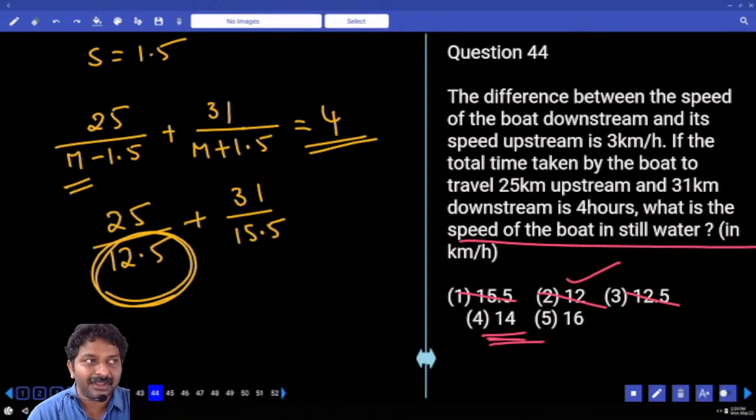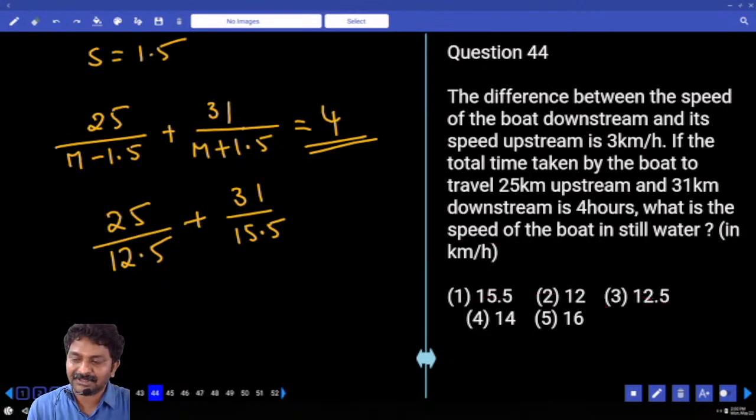So you need not verify options which are ending with 0.5. That command comes only after a lot of practice and when you have command over the subject. Otherwise, you will end up verifying from the first option onwards, and finally you are wasting your own time.